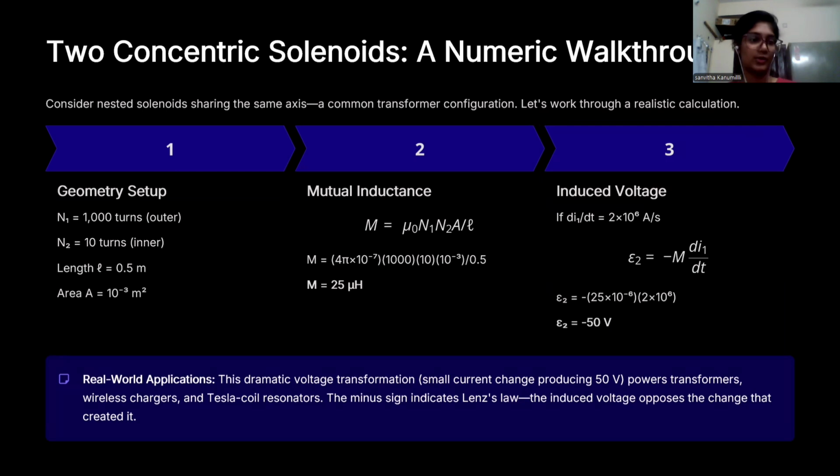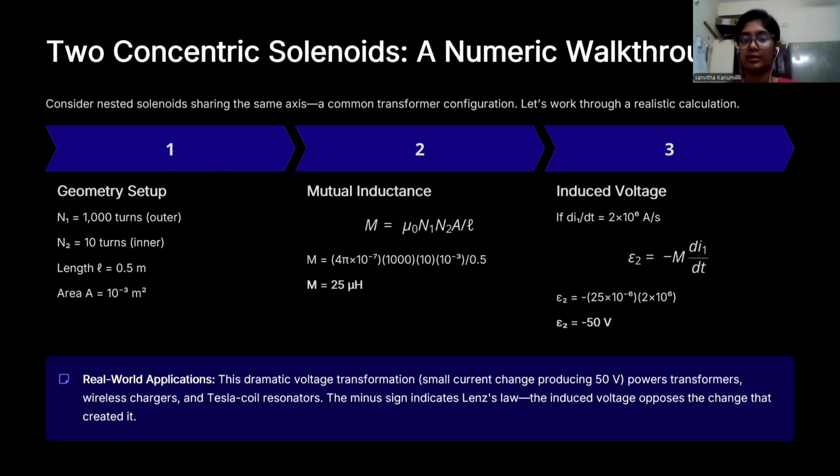Step 1 is the geometry setup. Let's take N1, the outer solenoid, which has 1000 turns, and N2, the inner solenoid, which has 10 turns. The length is 0.5 meters, and the area is 10 to the power of minus 3 meters squared.